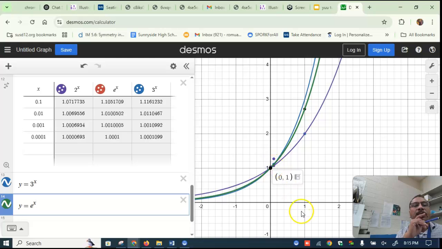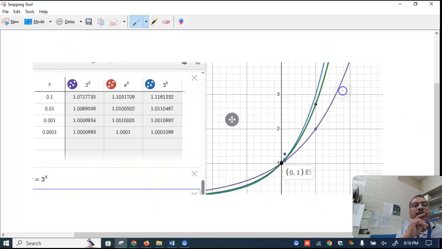See all of them. So what I'm trying to say is, this graph is y equals 2 raised to x, this one is y equals 3 raised to x, and in between this green one is y equals e raised to x.